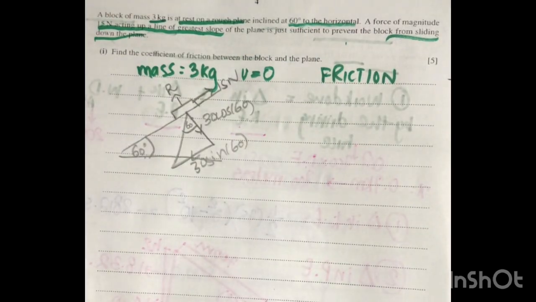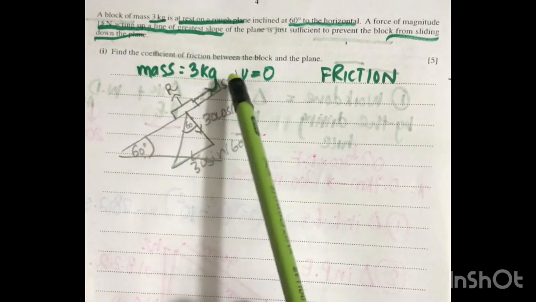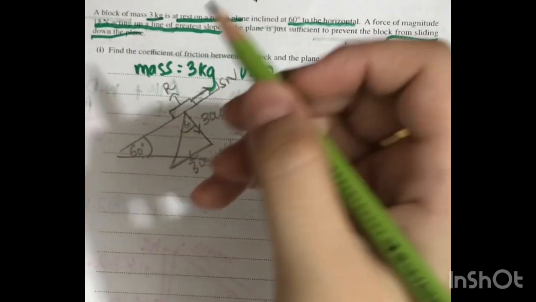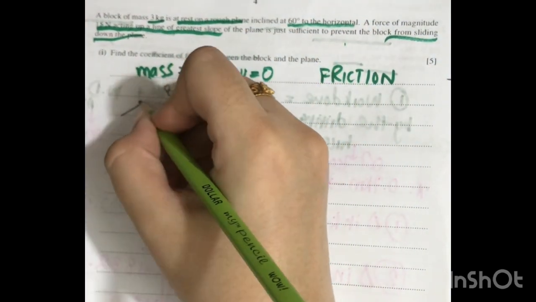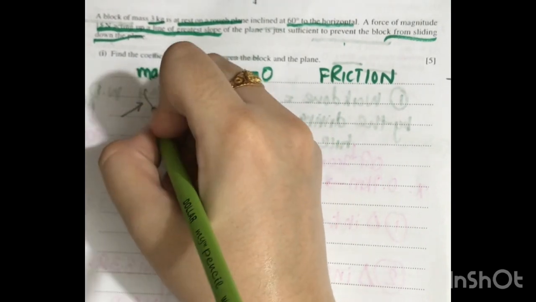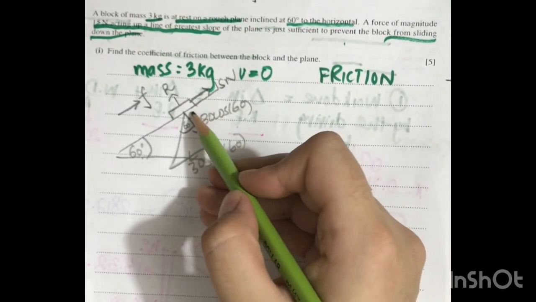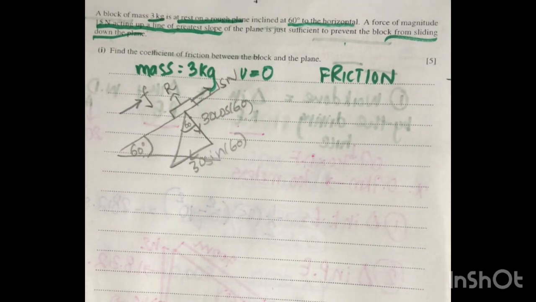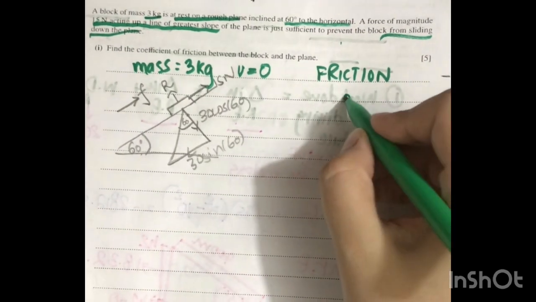So they've told us that the 15 Newton force is preventing the block from sliding downwards, which means the natural direction of the movement is downwards, which means the friction will be acting in the opposite direction, so it will be acting with the 15 Newton force. And since we know that the block is not moving, acceleration is 0.